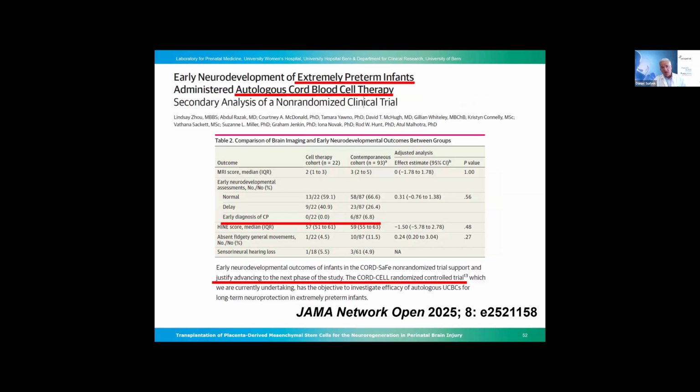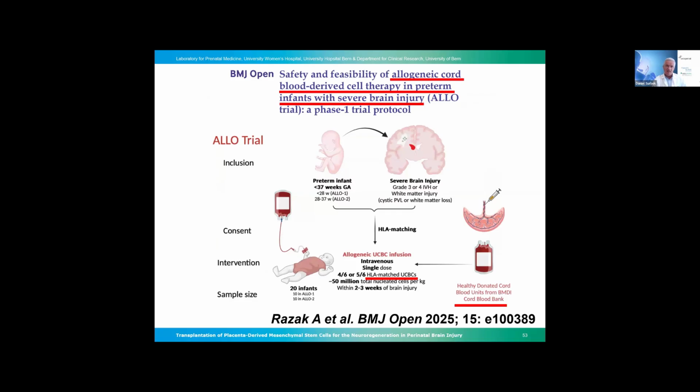They also looked at the effect in extremely preterm infants, in this case with cord blood cell administration. And this is again a phase 1 protocol, which has not yet been performed. This is just a study protocol of a phase 1 study.